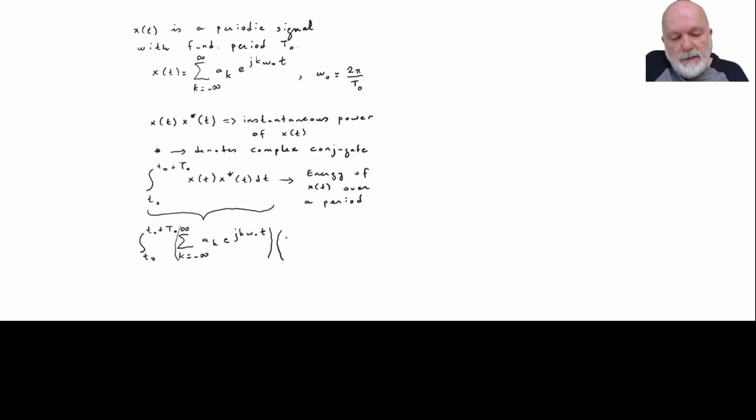And then we have x of t conjugate. Now in this product, we are going to multiply the series expressions term by term. Therefore, it will be convenient to use a different index here, say m, from minus infinity to plus infinity, a sub m e to j m omega 0 t, and we have now the complex conjugate of this expression integrated with respect to t.